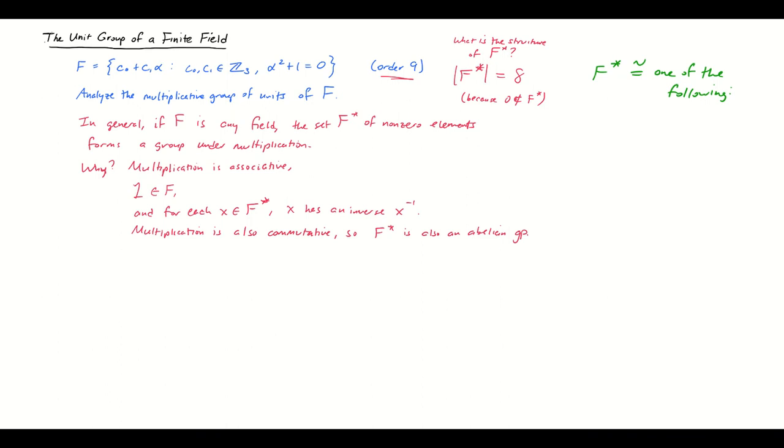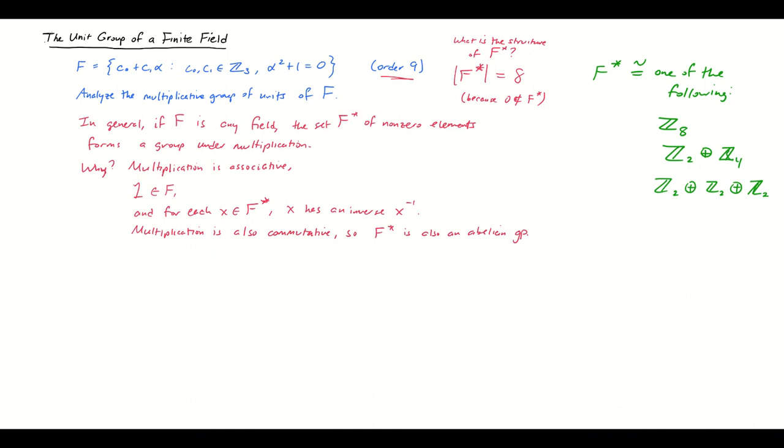It could be isomorphic to Z mod 8, which would be a cyclic group of order 8. It could be isomorphic to Z2 plus Z4. That would be a non-cyclic abelian group with elements of order 4 but no elements of order 8. Or it could be isomorphic to Z2 plus Z2 plus Z2, which would mean it has only elements of order 2 and the identity. Those are the three choices that seem to be in play here.